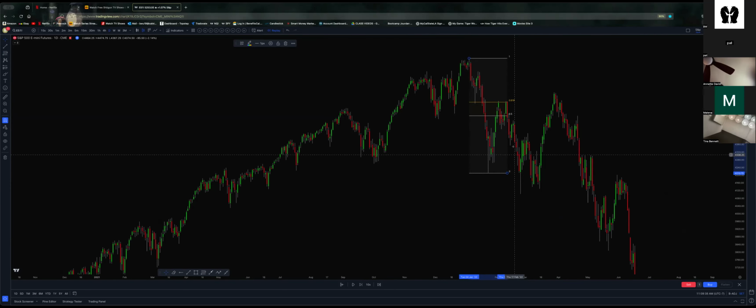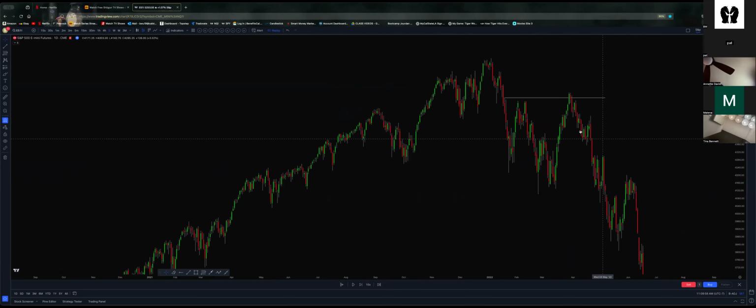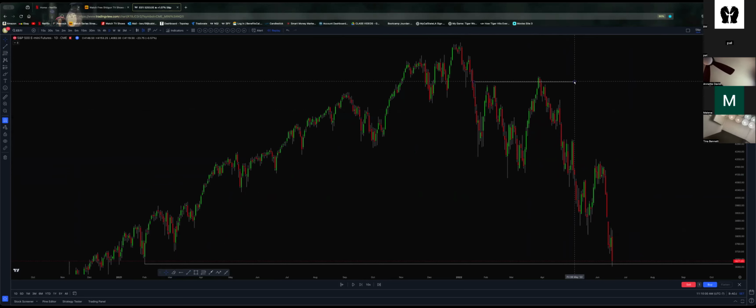So this is where you want to be going short. Same as right here. We go further down, we don't want to get short here. We missed the play. We want price to return. And once we get a high resistance liquidity, this is where you want to be entering your positions for shorts.